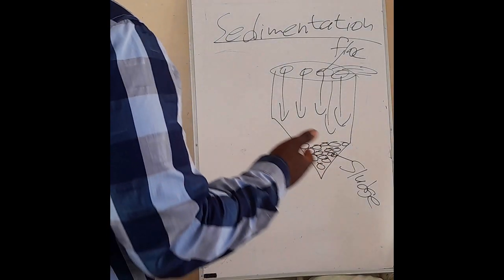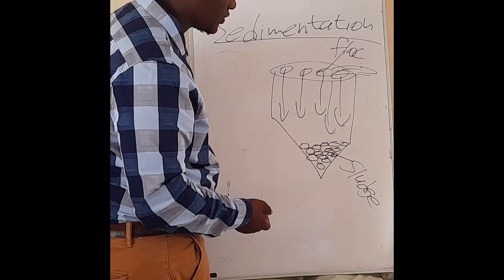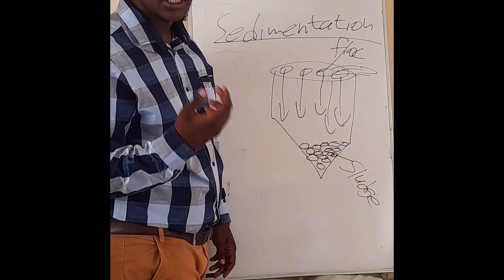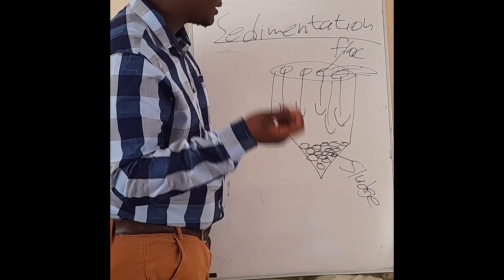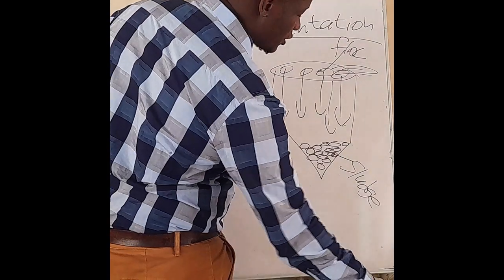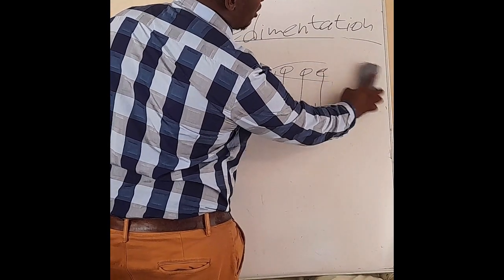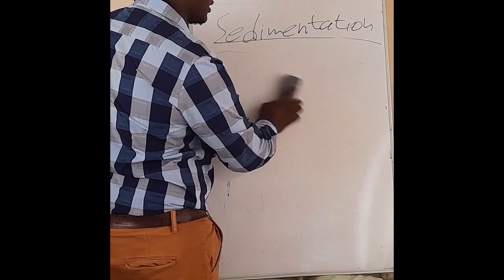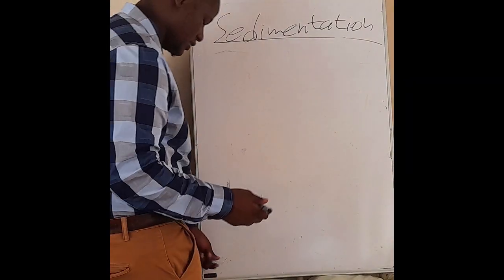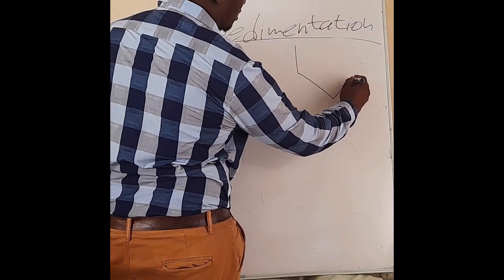So when looking at your sedimentation, there are different sedimentation tanks that are used. There's your hydrostatic sludge removal tank, there's a horizontal tank, there's a circular tank, there's also a Dutman sedimentation tank as well. So let us say you are asked to get the volume of, let's say, your Dutman sedimentation tank, just like the one that we have drawn now. Let's make it at a smaller scale.